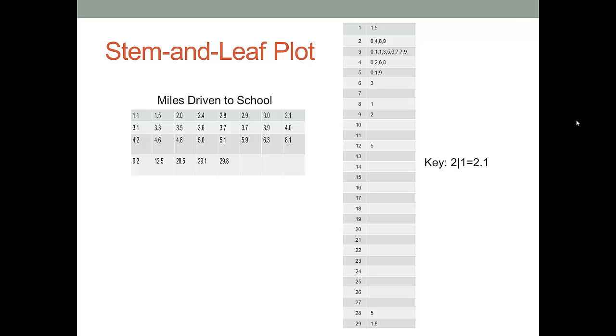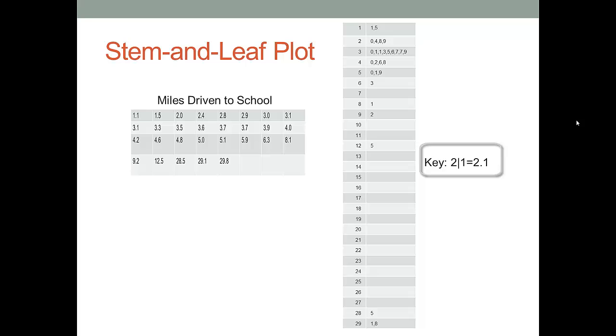Also, the advantage to this over, say, a histogram is not only do you see how large each class is, you actually see the individual data values in that class. Lastly, notice I have a key here. Where you break that number into stem and leaf can vary depending on what kind of numbers you're dealing with. Say we were doing test grades where all the tests were whole numbers.